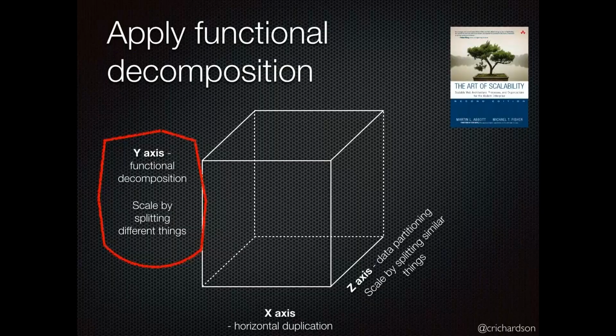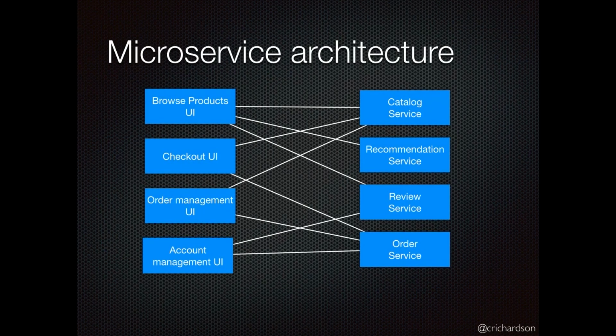So that to me is my definition of what microservices is all about. It's functionally decomposing your application and ending up with a set of services where each one is performing some notion of a function. So if we apply this idea to the online store, we end up with an architecture like this.